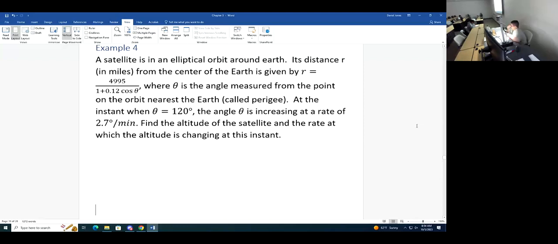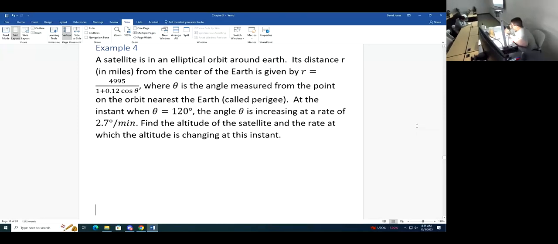The satellite is in an elliptical orbit around Earth. Its distance r in miles from the center of the Earth is given by the equation r equals 4,995 divided by the quantity 1 plus 0.12 cosine theta, where theta is the angle measured from the point on the orbit nearest the Earth, which is called perigee.